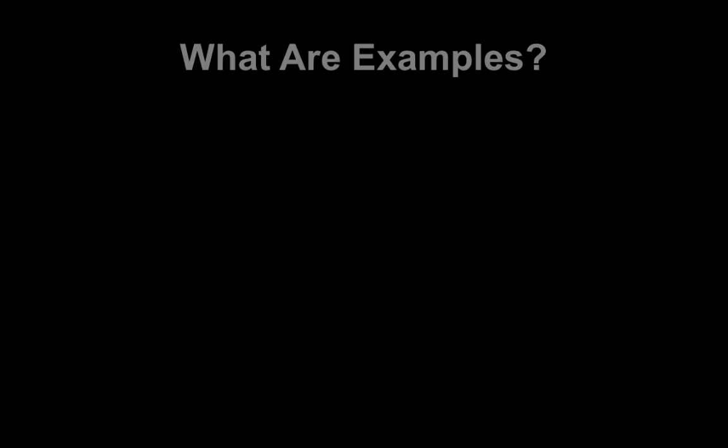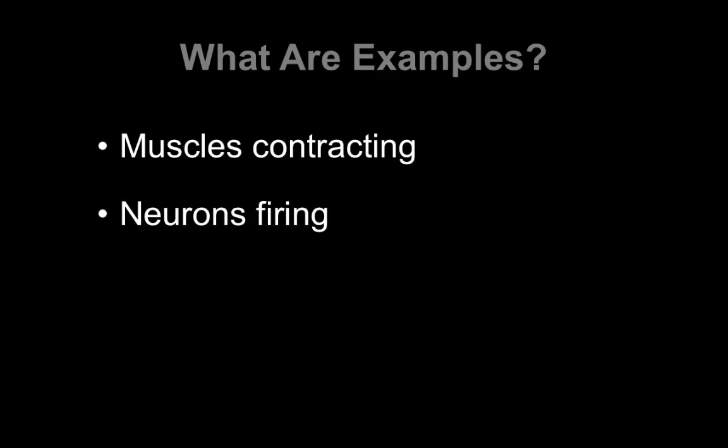So what are some examples of active transport? Your muscles contracting. That is, the movement of materials requires energy. Your neurons firing. Making ATP. All of these things within your body are done with active transport.